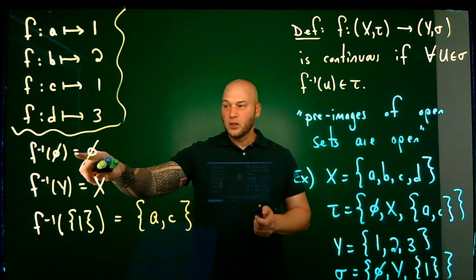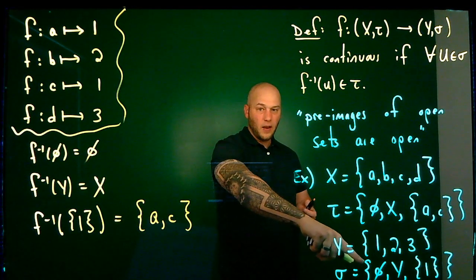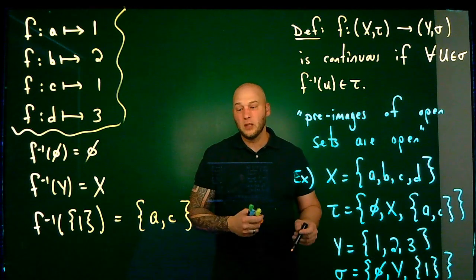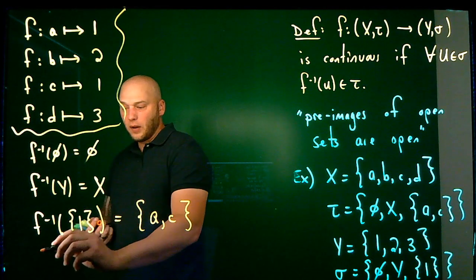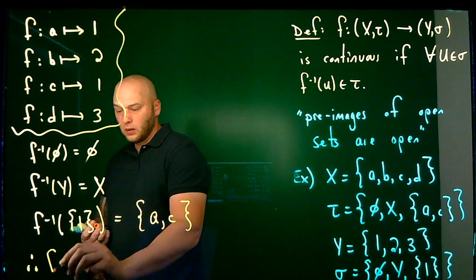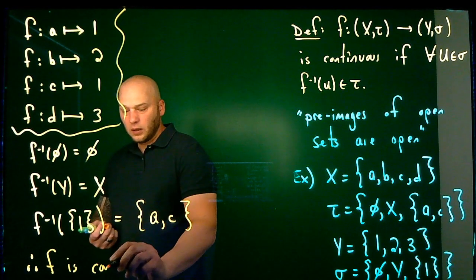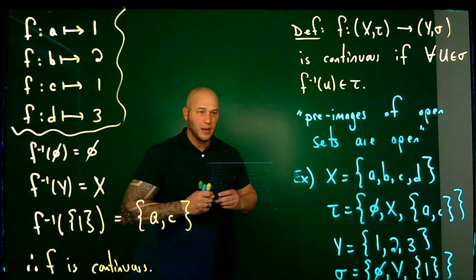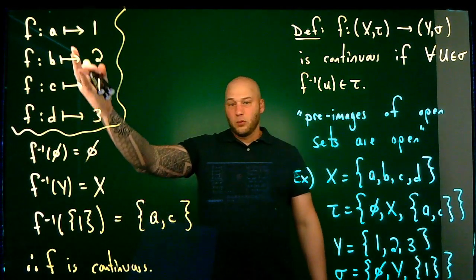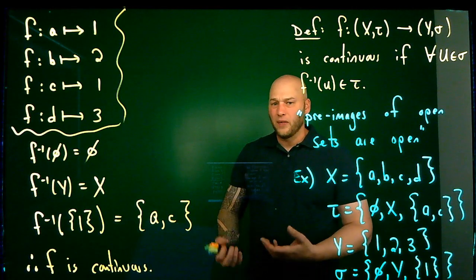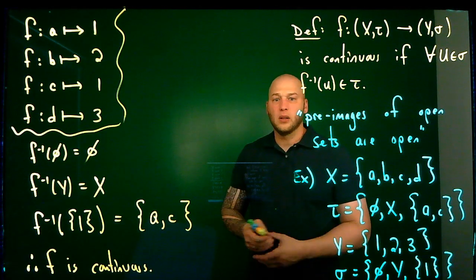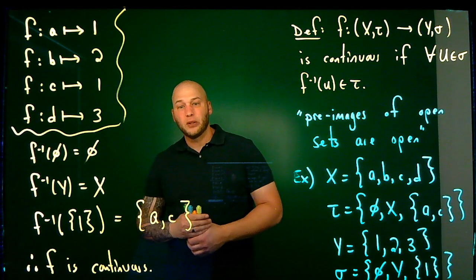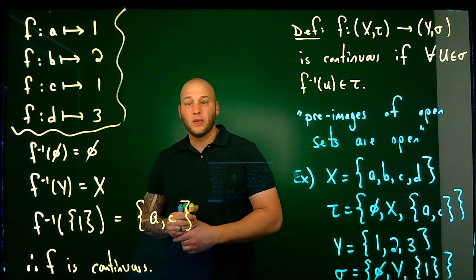Therefore, the pre-image of every single open set, the pre-image of everything in the target space topology, is an element of the domain space topology. In other words, is open. Therefore, f is continuous. And again, thinking back to pre-calc or calc days, a sort of discrete function we would never really think of as continuous in a calculus sense, but in a much more abstract sense between topological spaces, this is actually a continuous function.